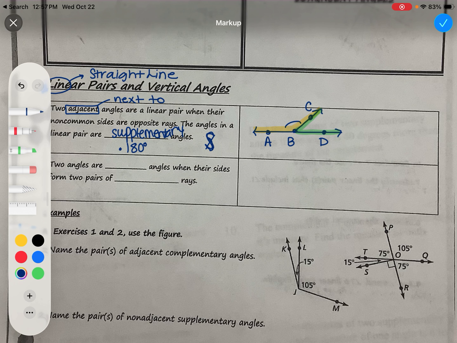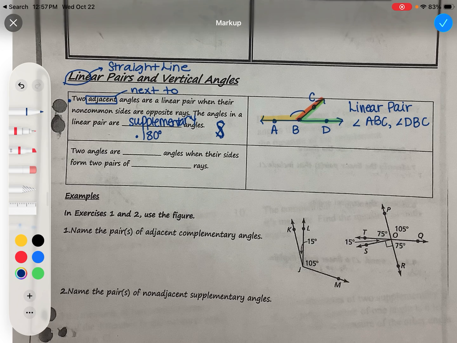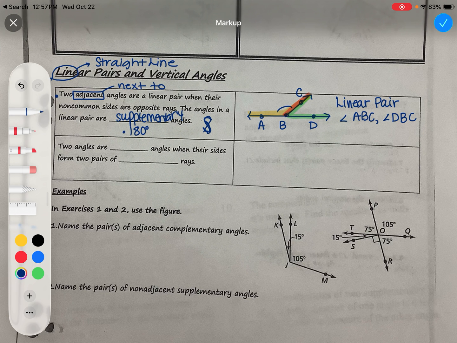They're adjacent because they share, remember, this ray, BC, they're connected, and they make a straight angle. They add up to 180 degrees, so that's called a linear pair. So this is a linear pair: ABC and angle DBC. Okay, so they're adjacent and supplementary.